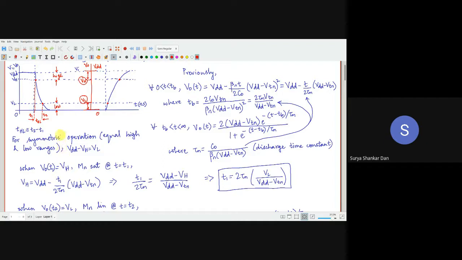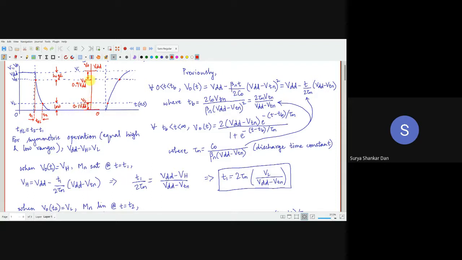As all of you have done the VLSI design course, you will remember that in industrial standard we take 0.9 of VDD. That means the range of output voltage which we consider as logic high, we only take the top 10% of the VDD. Similarly, on the lower end, 10% of VDD we consider as logic 0 or logic low.